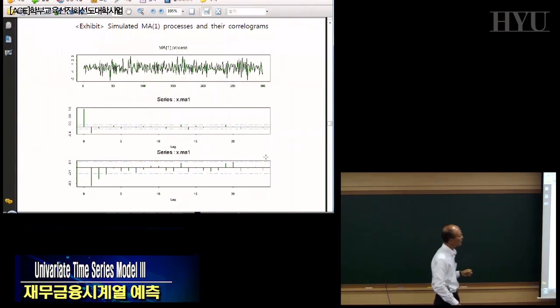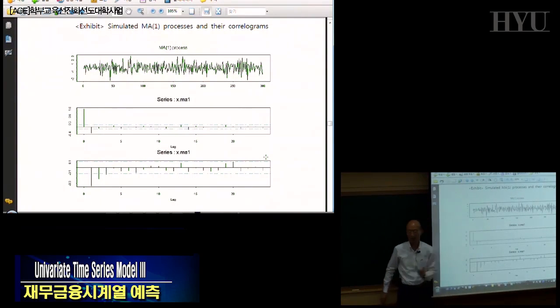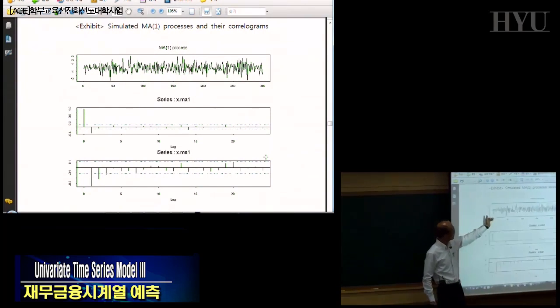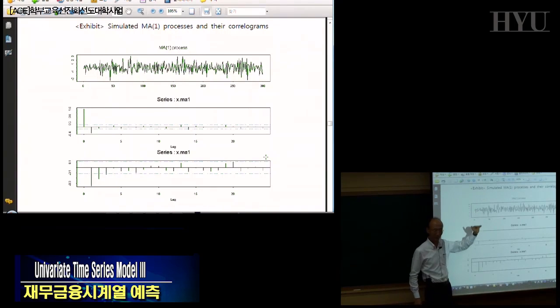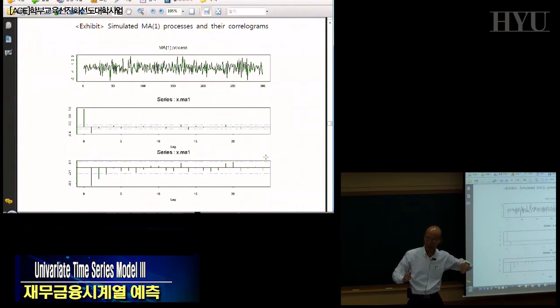Simulate MA(1) process. This is a particular example. As you can see, it's bouncing back quite often, right? Compared to autoregressive process, which moves kind of slowly like this.